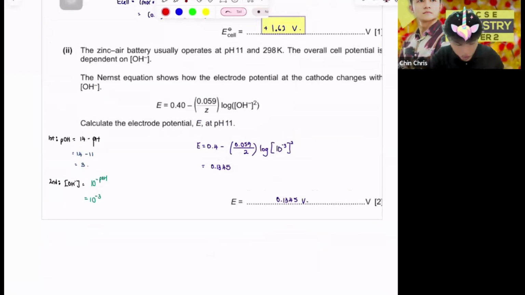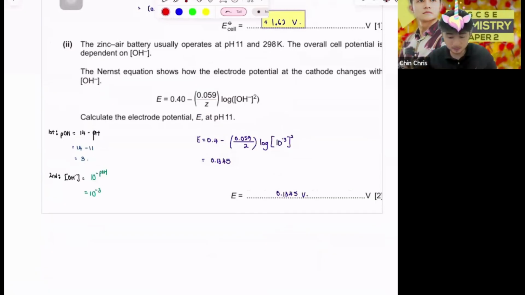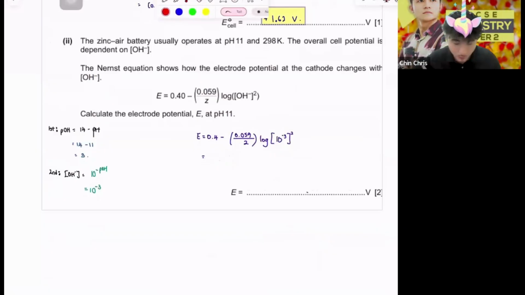Oh, you are holding the older version. Oh, sorry, guys. Typo. 0.577, right?